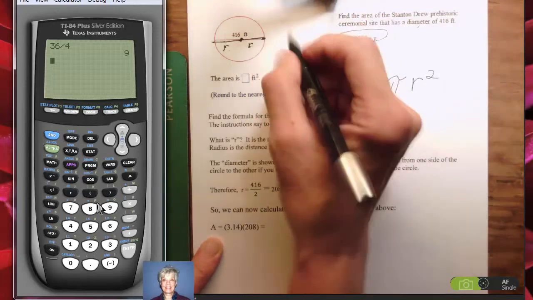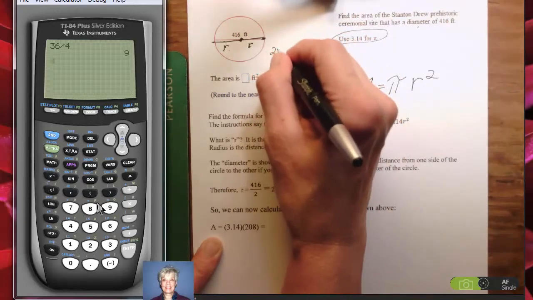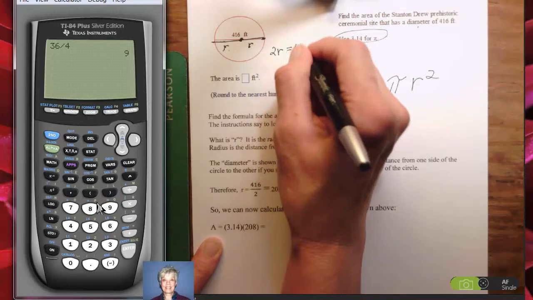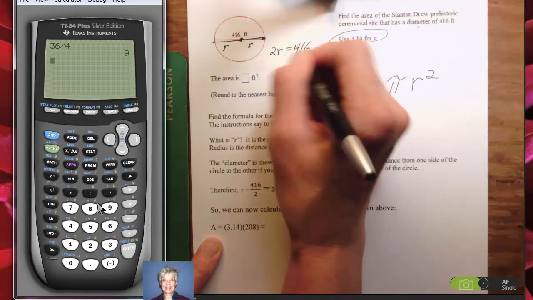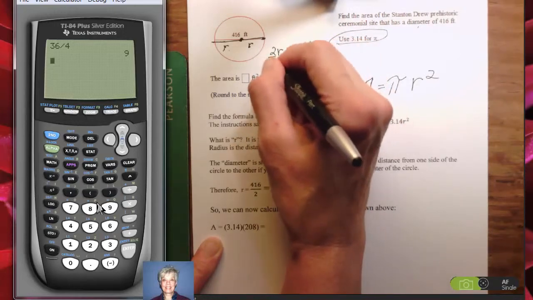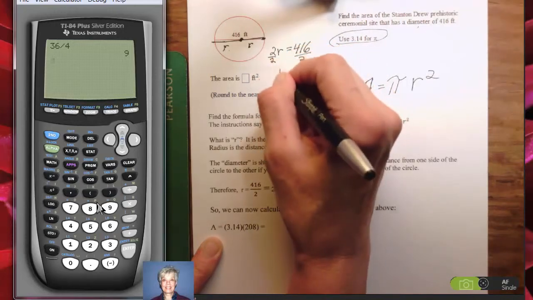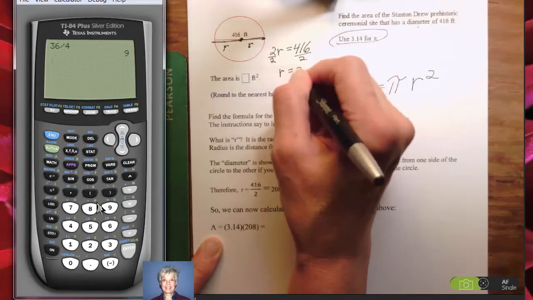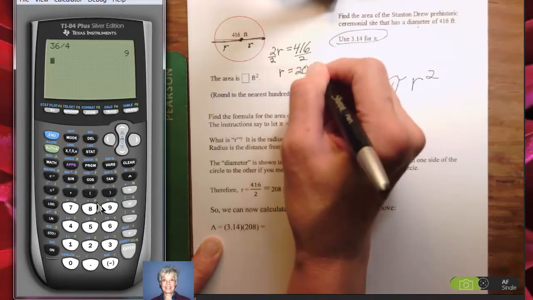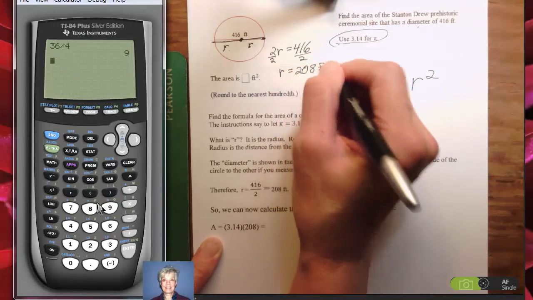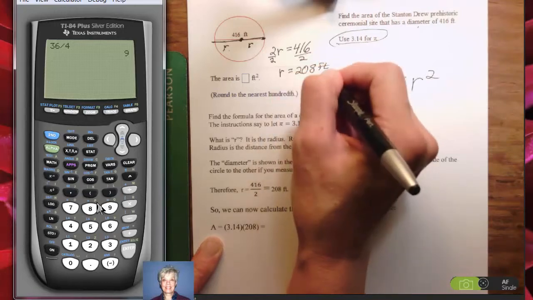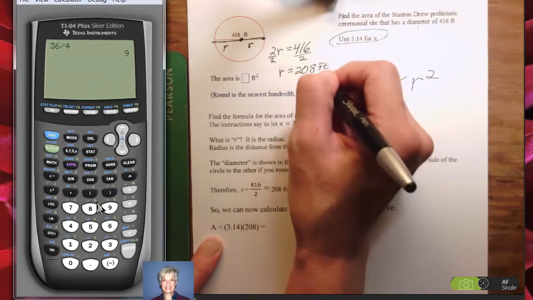The diameter is 416 feet. The diameter is made up of 2 radii, one radius and one radius. All right, so 2r equals 416. To find out what r is, you divide by 2 on both sides, and you'll get r equals 208 feet. Half the diameter is what the radius is, 208 feet.